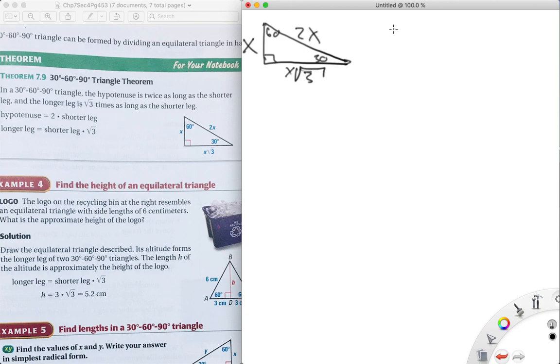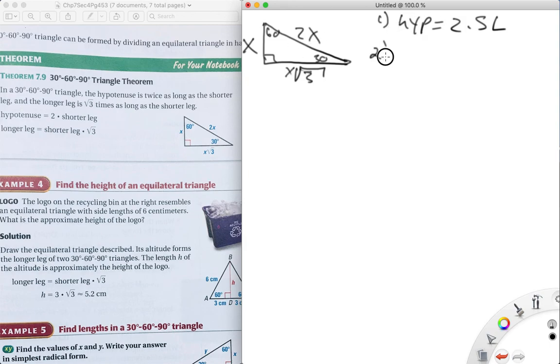So there's two equations associated with the 30, 60, 90. The first one is that the hypotenuse is equal to 2 times the length of the shorter leg.